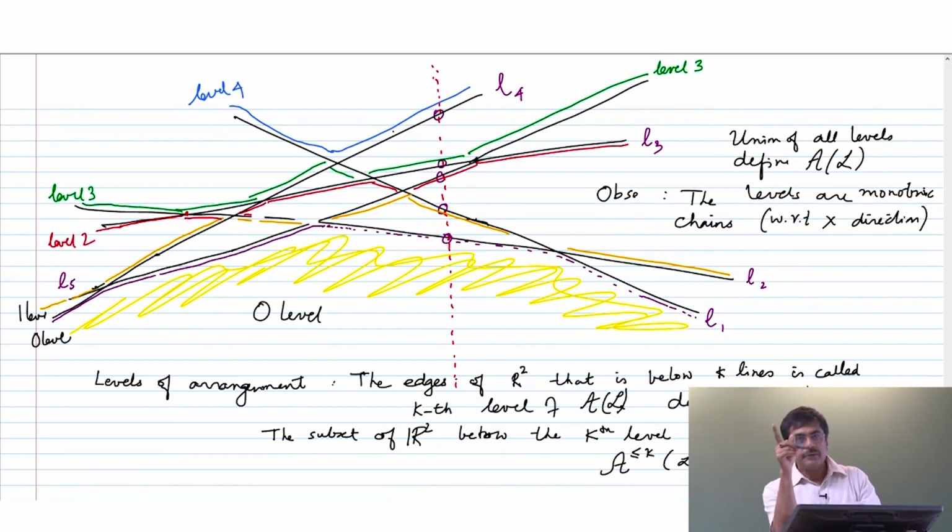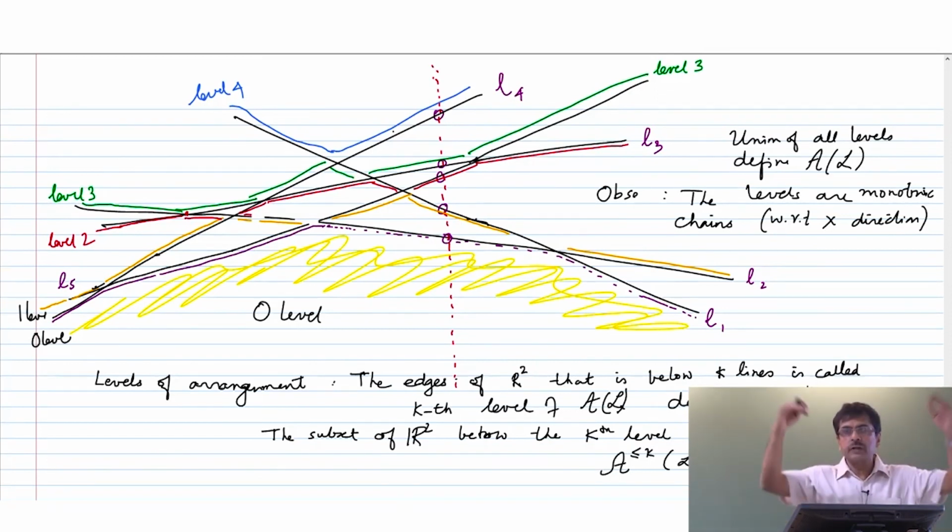Yes, exactly. The topmost and the bottommost levels are convex. Strictly speaking, one is concave and one is convex, but let us use the term convex.